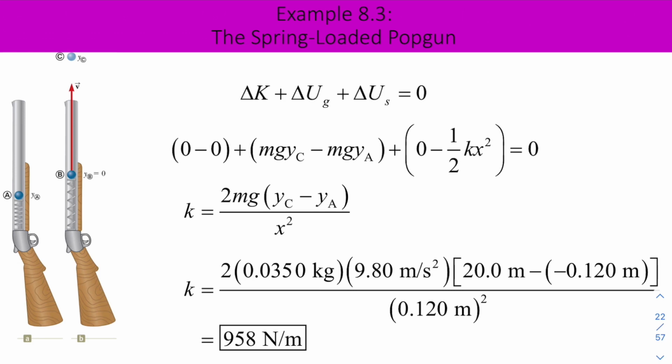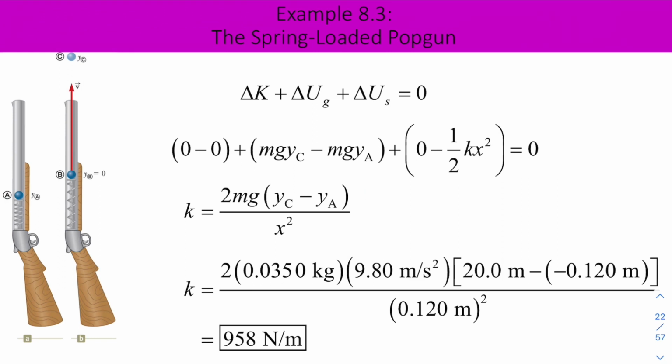Plus, finally the U in the spring is 0 because the spring is not compressed anymore. Because x is 0, no compression. So U final of the spring is 0, U initial of the spring, yes, we do have a value which is half kx squared, where x is the compression.